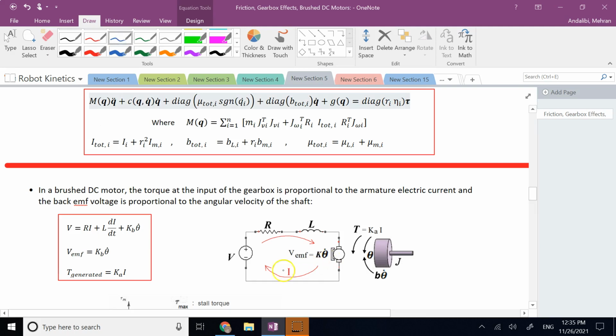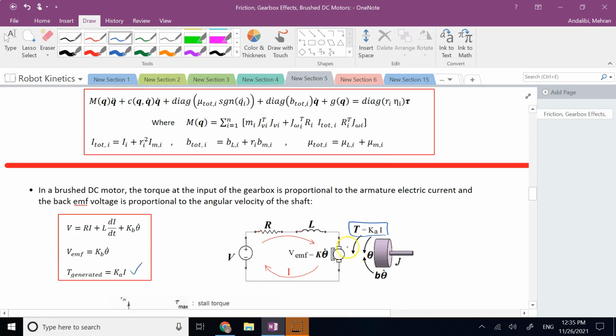If you consider the electric circuit of a DC motor to be a resistor-inductor (RL) circuit with a DC voltage source V, and I is the electric current passing through the circuit, then the torque generated on the rotor is a constant, which we call the motor or torque constant, Ka, or some people call it Kt, times I. So the more current you have inside the circuit, the bigger torque you can have at the rotor. That's the first equation.